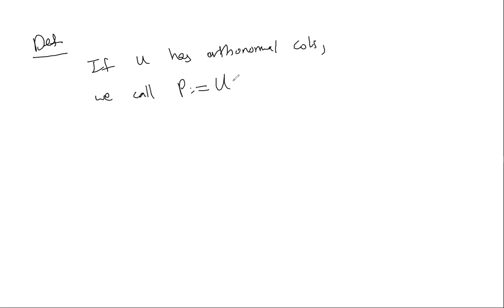Definition: if u has orthonormal columns, we call the matrix u transpose a projection matrix, because it projects into the column space of u.